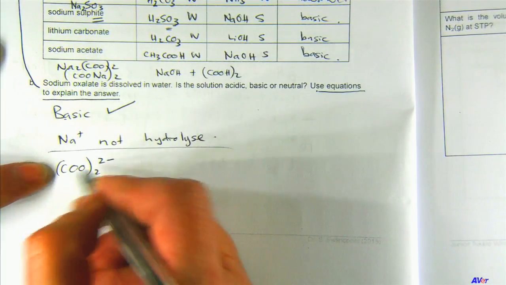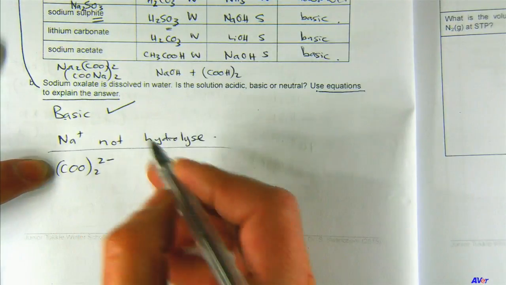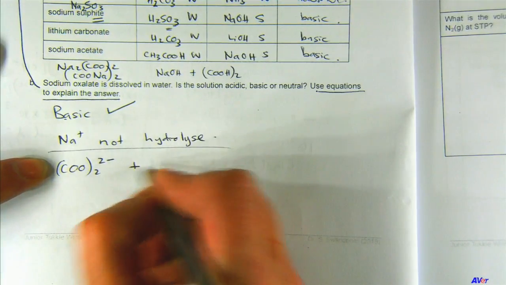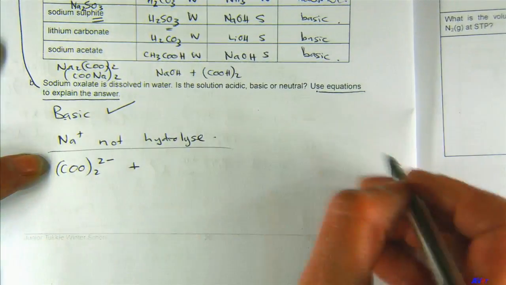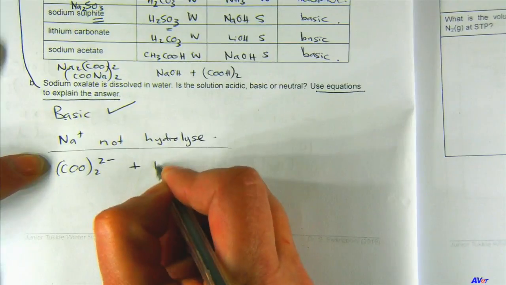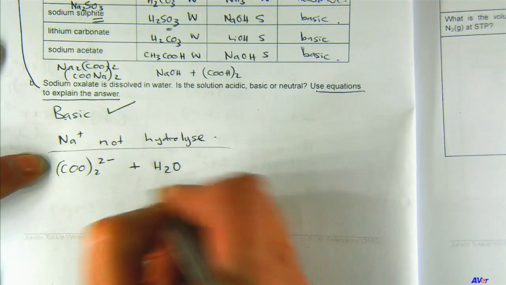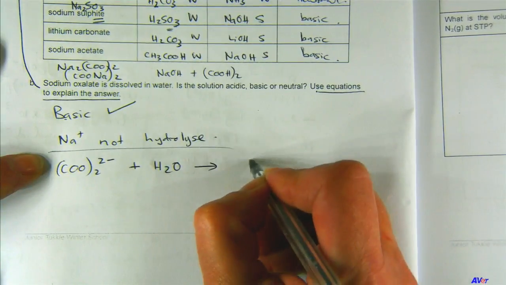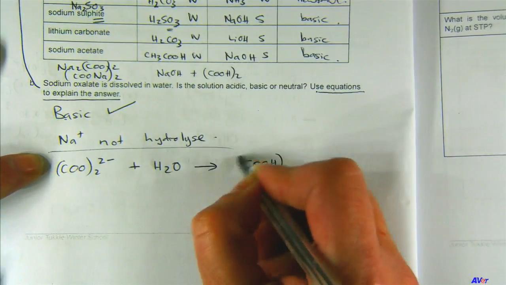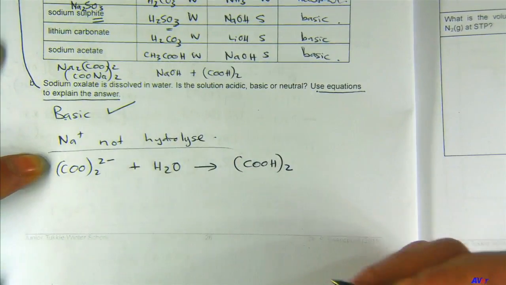And then we get to the oxalate one. Now, it's going to react because this comes from a weak something, so it's going back. Weak ones want to stay together. It is hydrolysis, so you have to put in water here. And it is going to COOH2. It wants to go back to the weak state. Right.